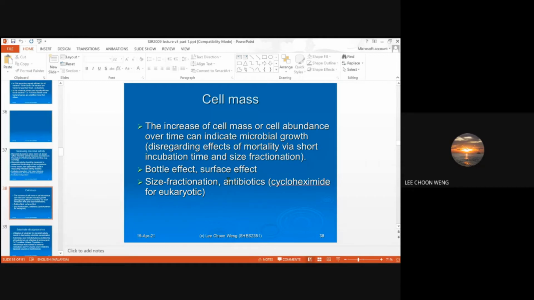Okay, so this is concerning the bottle or surface effect. Okay, but when we carry out experiments to determine the surface effect, it is very minimal. Okay, it doesn't really show when you're measuring the cell abundance.